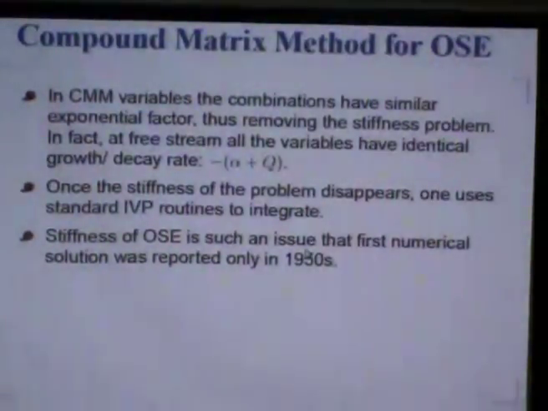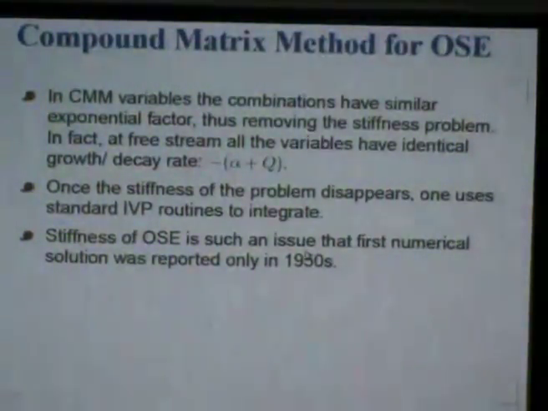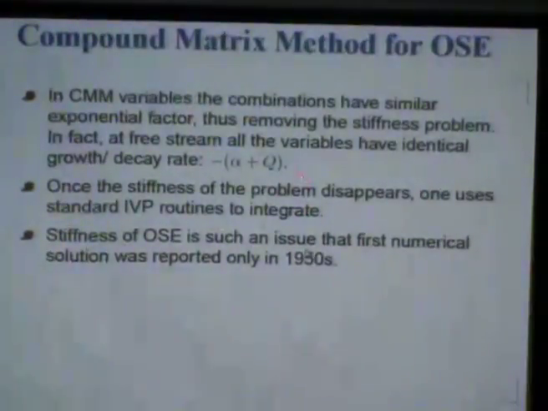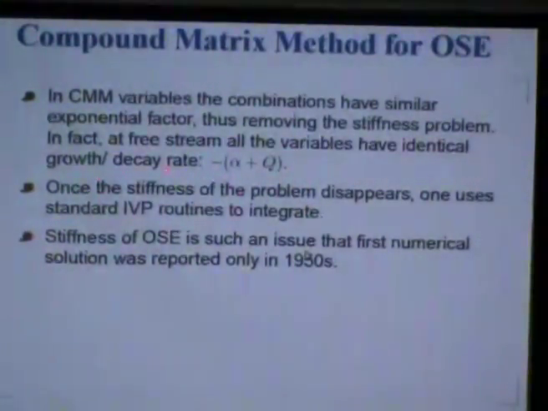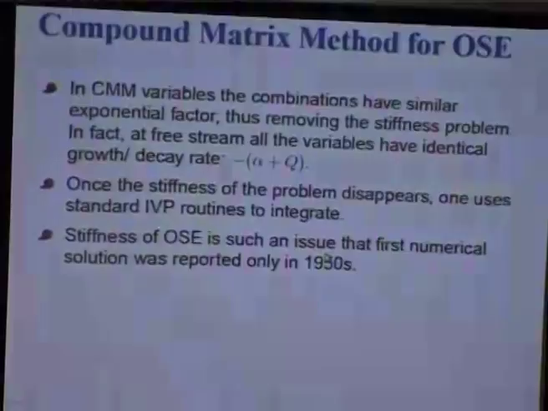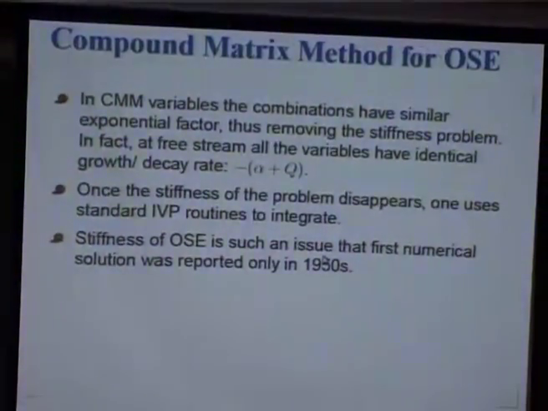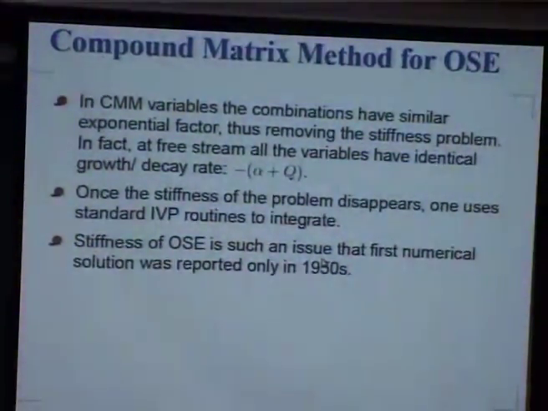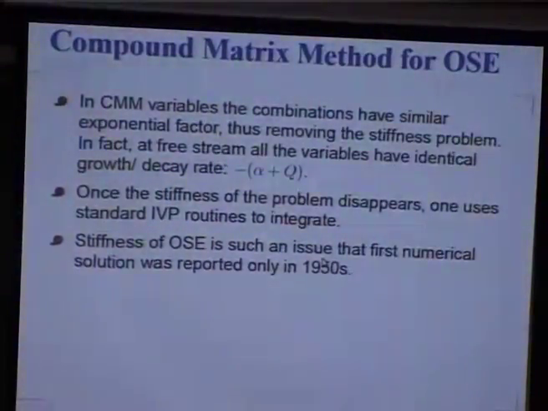So, in the compound matrix method, as I told you, all the variables have equal growth or decay rate, that is why we can factor out the stiffness of the problem. Okay. And once the stiffness of the problem disappears, you could use any standard initial value problem routines to integrate.